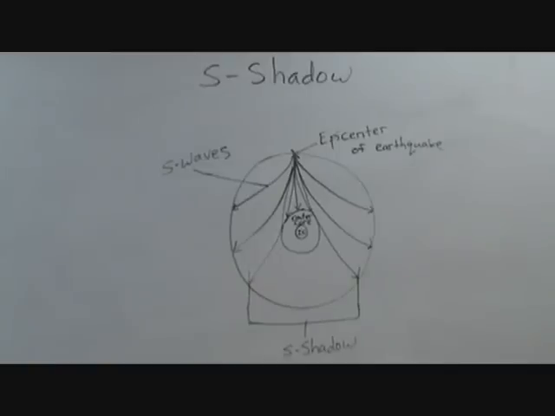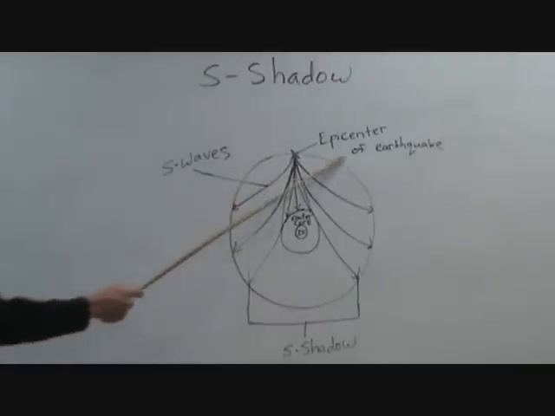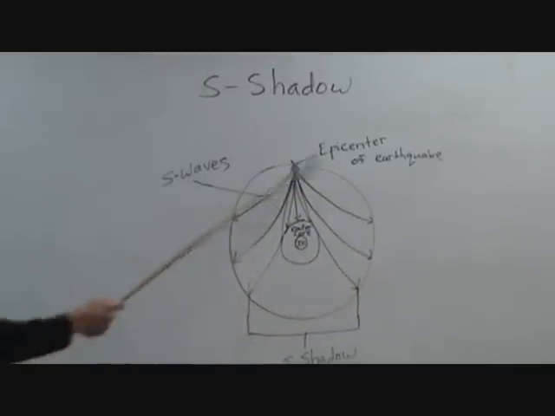Alright, what you're looking at here is a diagram of the S-shadow. Here's the inner core, designated with an IC. Here's the outer core. This is the mantle, and of course the line here going around, that's the crust.